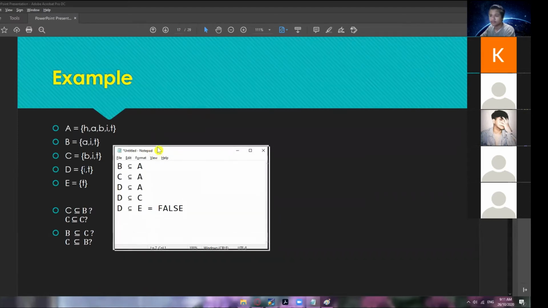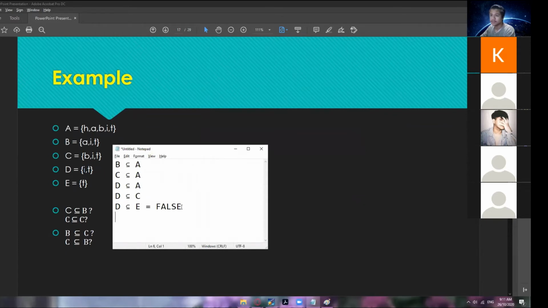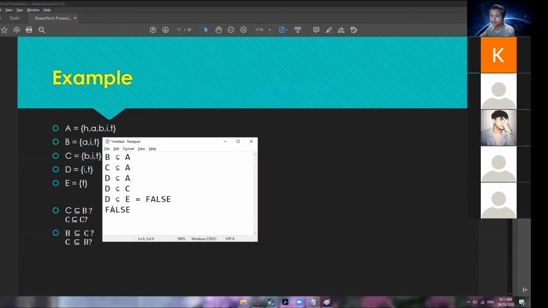No, false. False siya kasi meron nga tayong I at T pero hindi naman natin mahanapan yung element B sa set B.